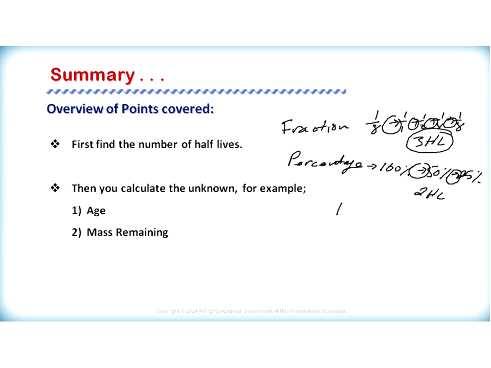Or if we look at a ratio, we change the ratio into a fraction by looking at the total parts. So we know we have 1 part parent, 15 parts daughter, which is 16 parts total. From this, we take only the parent isotope, which is 1/16, and from 1/16, we figure out the number of half-lives by using the fraction method.